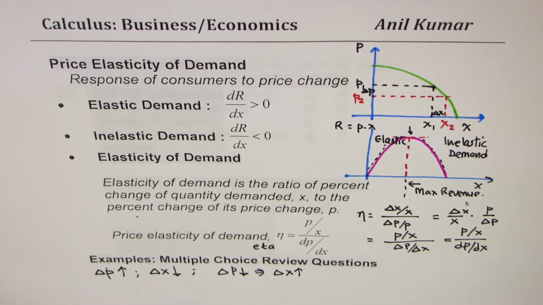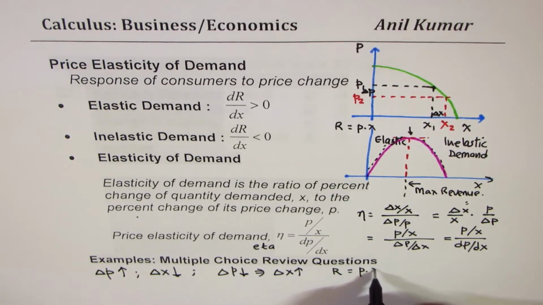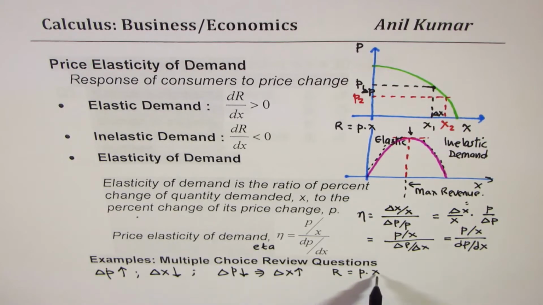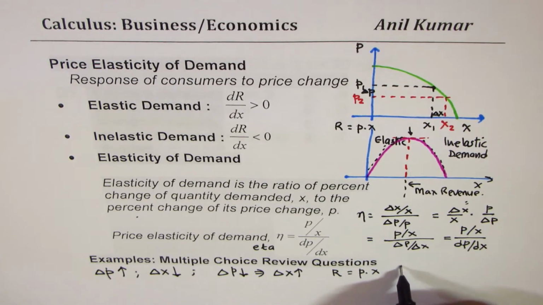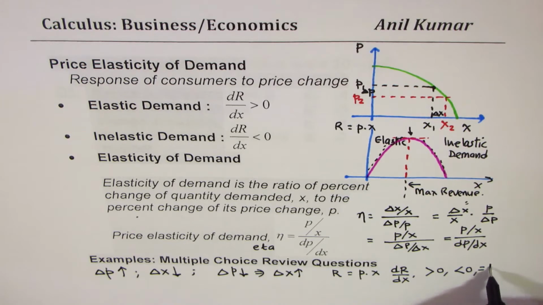That is true. However, revenue, which is the product of price and the number of items, may or may not increase at that rate, right? So the revenue, which we call the rate of change, that means dR with respect to dx, may be greater than 0, may be less than 0, or may be equal to 0.